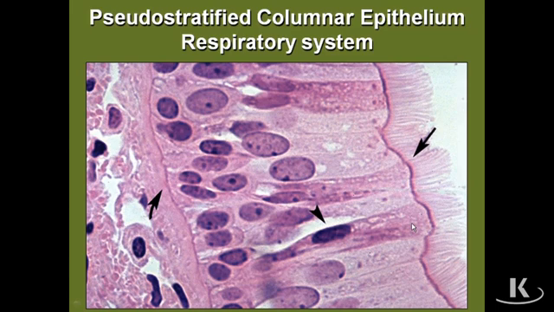So what you're seeing here, for the most part, in the lightly stained areas are the columnar epithelial cells, and adjacent to them are a couple of examples of the goblet cells or the mucus-secreting cells. And you can see that the cell surface specializations that characterize this epithelium are dominated by true cilia that are much taller than the brush border formed by the microvilli in the simple columnar epithelium of the small intestine.